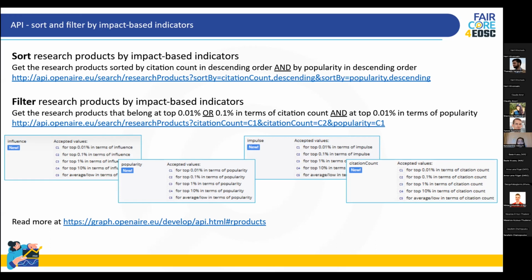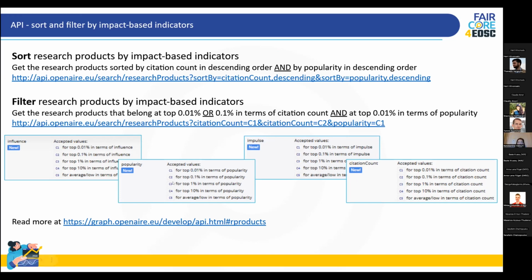In the API, we also offer the ability for filtering with impact-based indicators, again, with one or multiple. For example, here we have the query that expresses get the research products that belong at top 0.01% or 0.1% in terms of citation count, and at top 0.01% in terms of popularity.